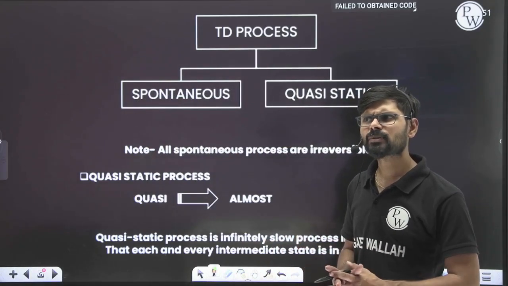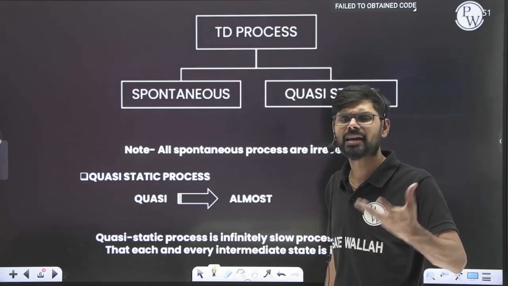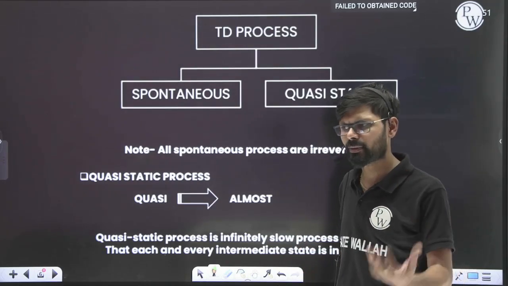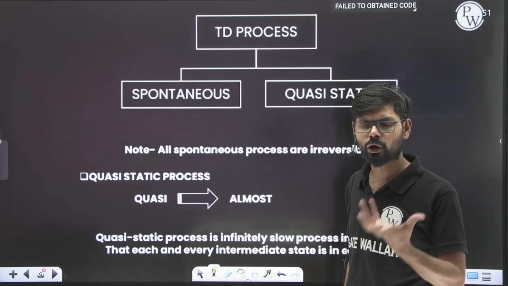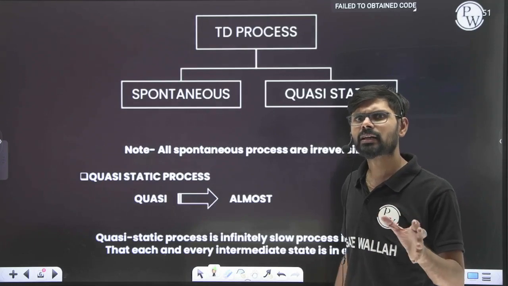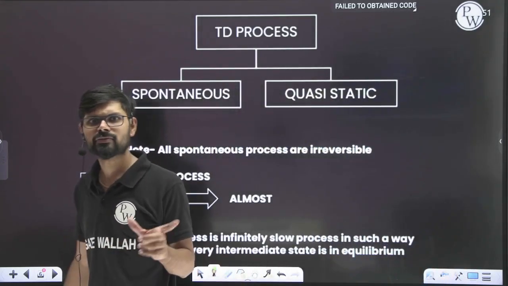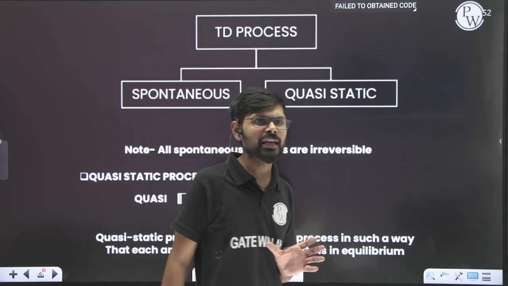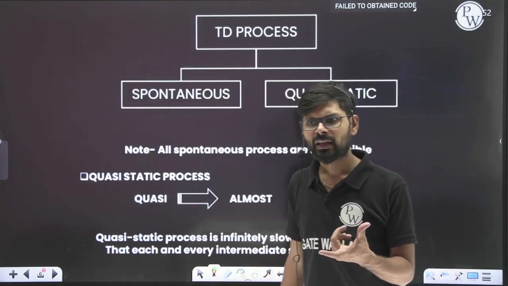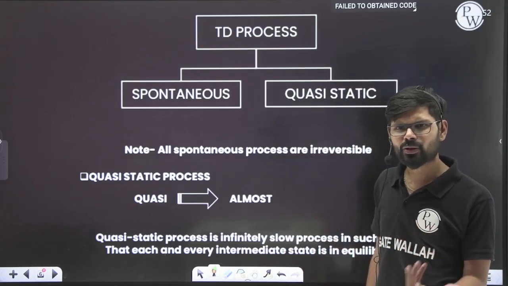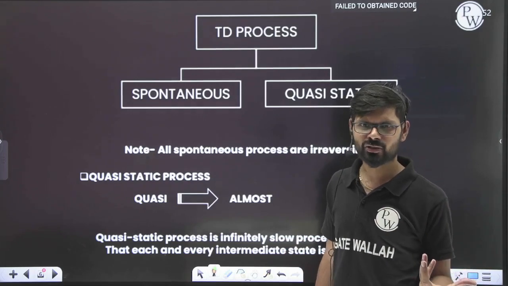A spontaneous process means natural phenomena which are happening in the universe, in our system, our earth or our moon, whatever natural phenomena are happening in the complete universe, that is basically called a spontaneous process. Even this word is mostly used for fast processes. Most of the processes happening in the universe are fast processes only.